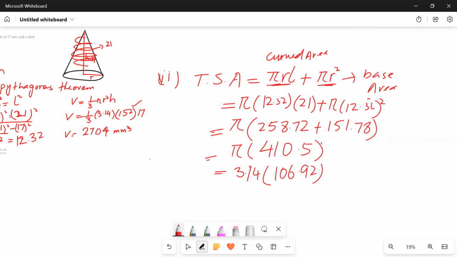Now multiply, subtract it or add it? We have to add it. By mistake, I wrote the negative sign. So now multiply 410.5 with 3.14. Yes, now we are getting the correct answer, 1288.97. Okay, it is in total surface area mm square.